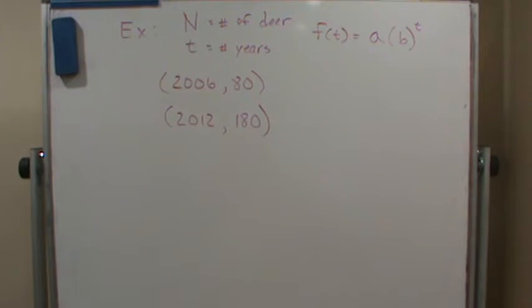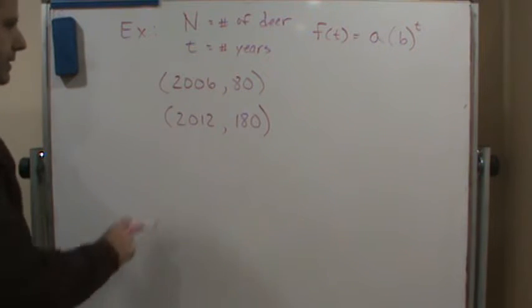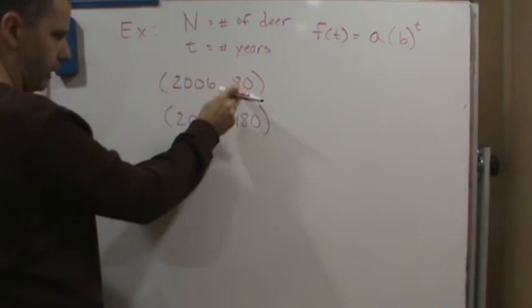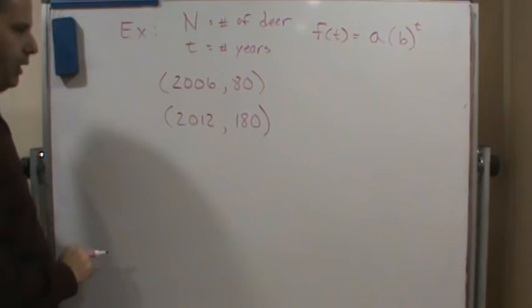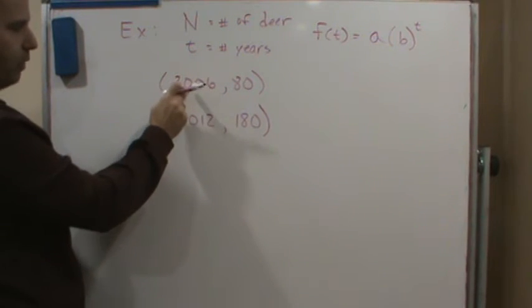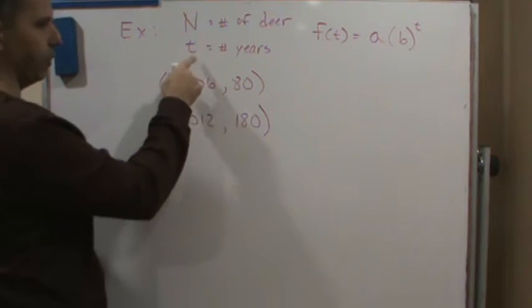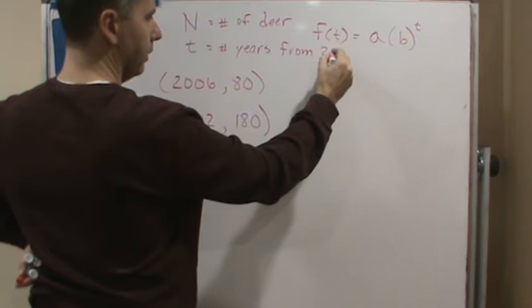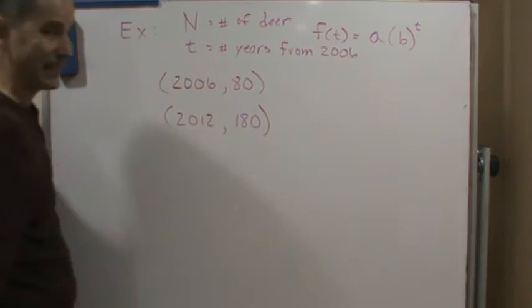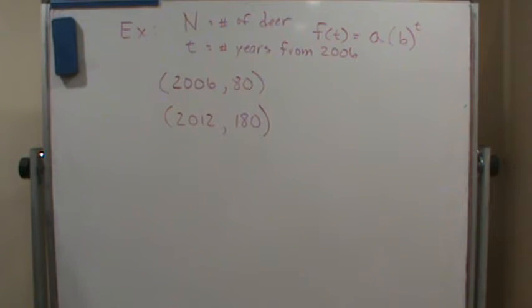Okay, so now, since this is when the deer was introduced to this refuge, that means this is going to be time 0. So let t equal the number of years from 2006, because that's when it was introduced. Before that, we're assuming there were no deer.